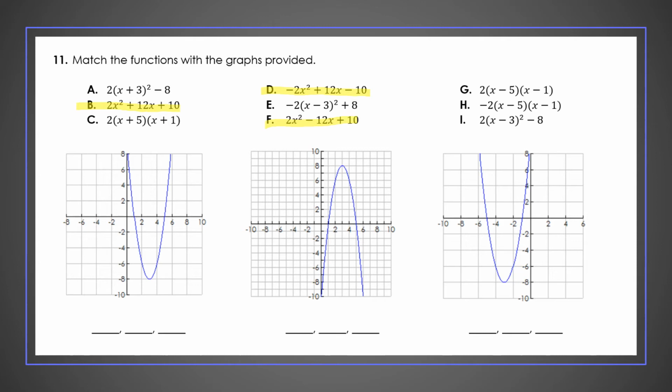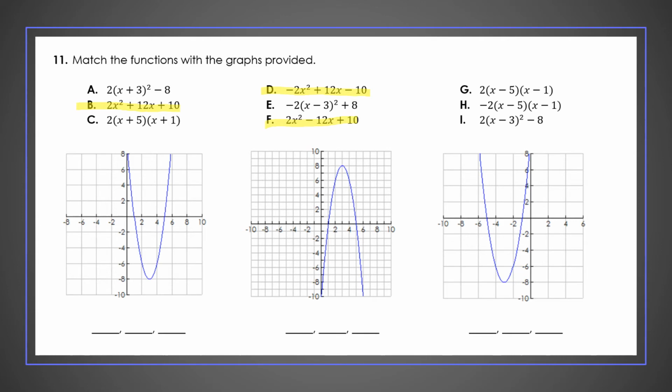The only thing that standard form gives you is your y-intercept, which you may or may not be able to see on your graph, so it might be helpful, but it might not. Then we've got vertex form, and vertex form is a times x minus h squared plus k.